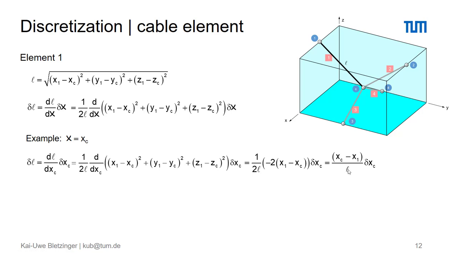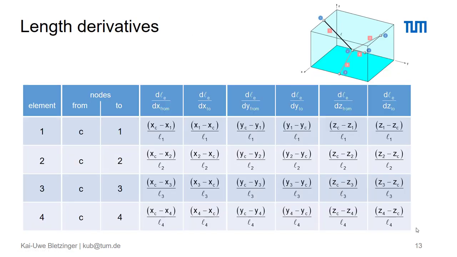Here it is. It's not really a horrible thing to find variations with respect to the 3 coordinates. We simply have to follow this rule. And we have a little table where we do these derivatives of the length with respect to any of the coordinates of all these nodes.